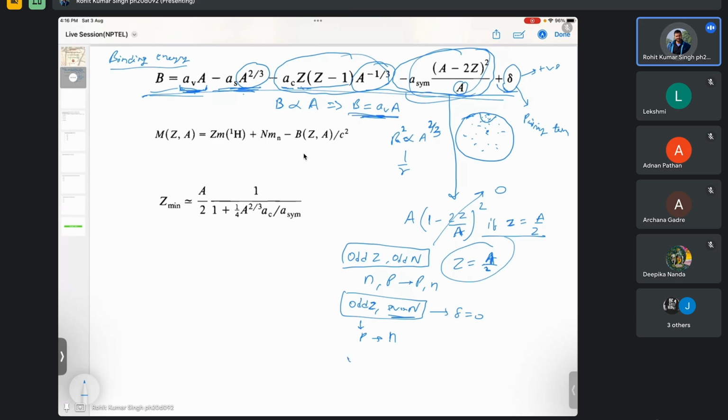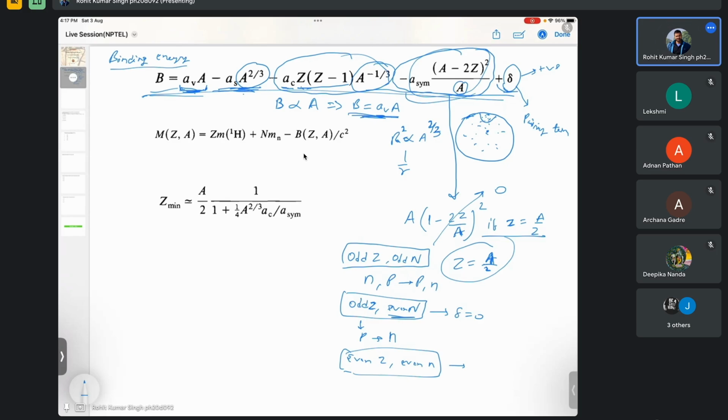And if you have even Z and even N, this is already everything is paired here.